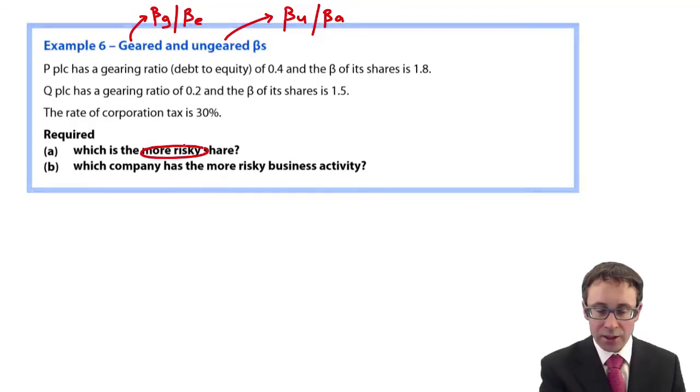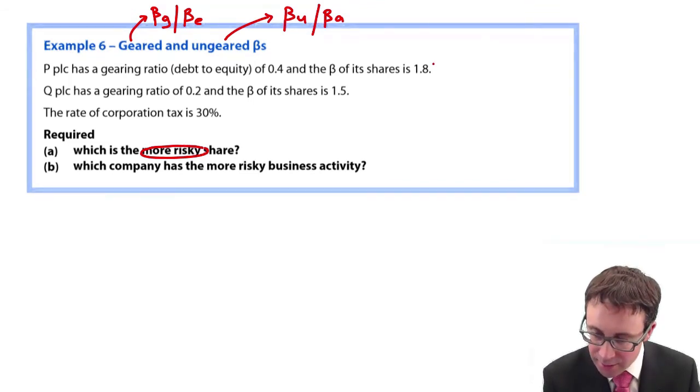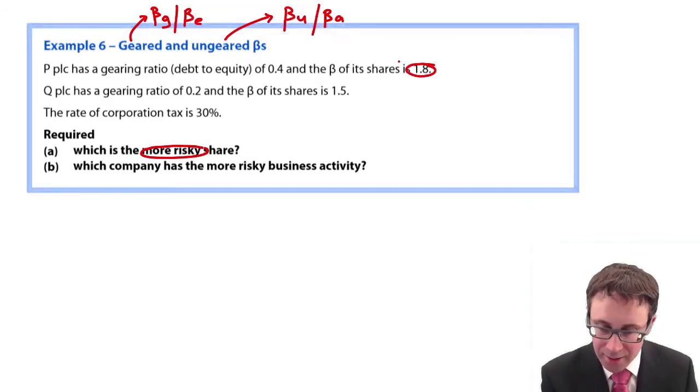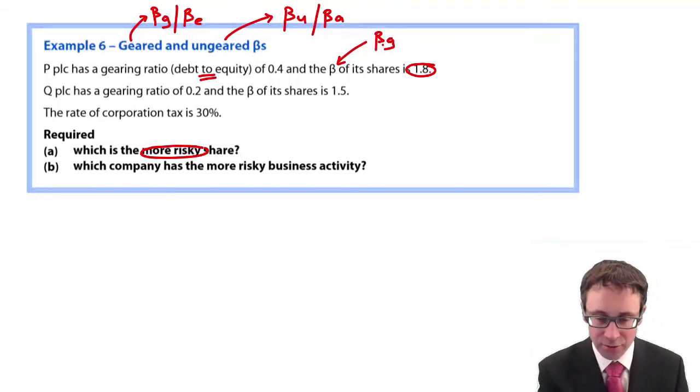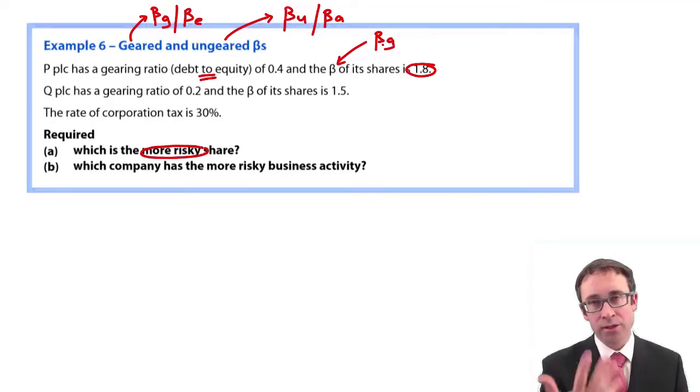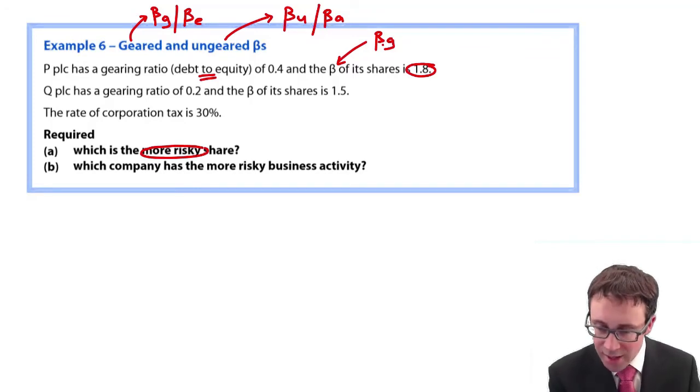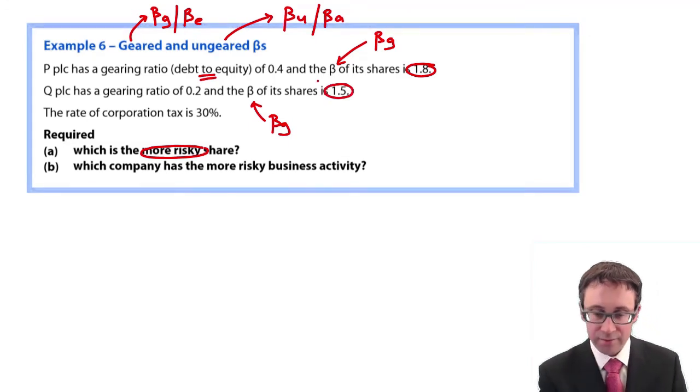It says P has a gearing ratio of 0.4 and beta is 1.8. Because the company is geared, that beta is beta G, reflecting the business and the finance risk. Q PLC has a gearing ratio of 0.2, so again there is some debt finance within it, and the beta we are given is beta G, 1.5.